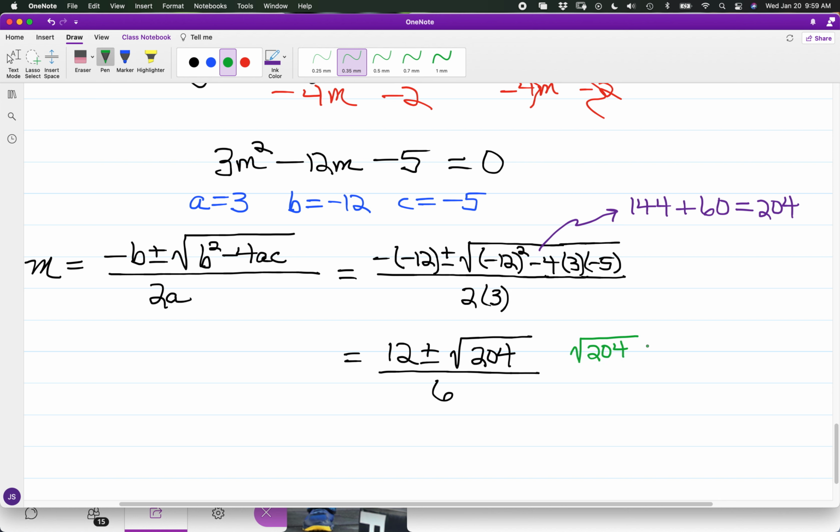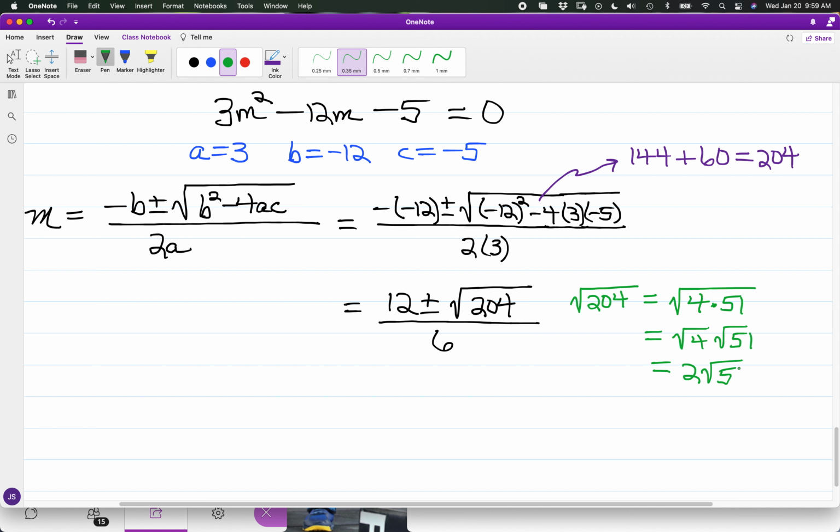Okay, now for 204, again 204 is a rather large number. Now the highest perfect square divisible into it is only going to be 4. So I have the square root of 4 times 51, and just separating, I have the square root of 4 times the square root of 51, so this will be 2 times the square root of 51.